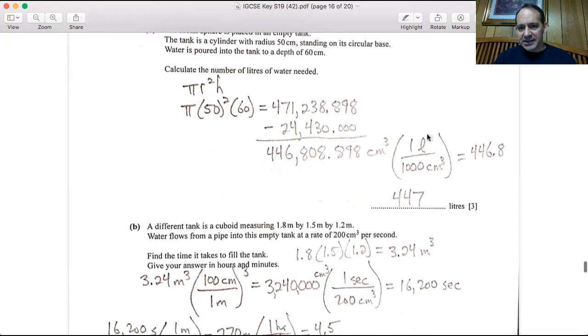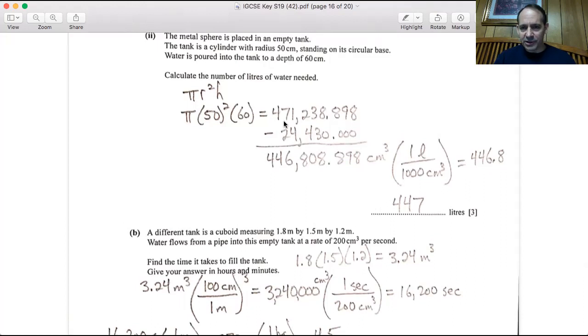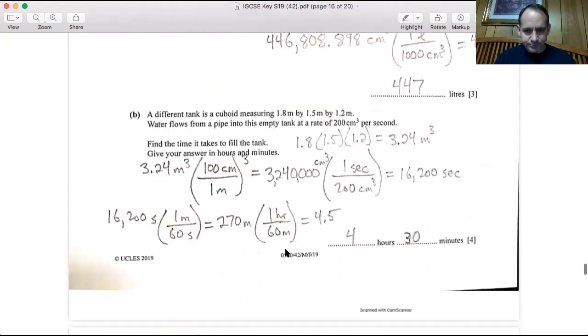We need to change that to liters. So remember that 1,000 centimeters cubed is equal to 1 liter. So divide this by 1,000. That gives you 446.8. To three significant figures is 447 liters. That's how much water was needed to pour around the sphere to raise the depth up to 60 centimeters.